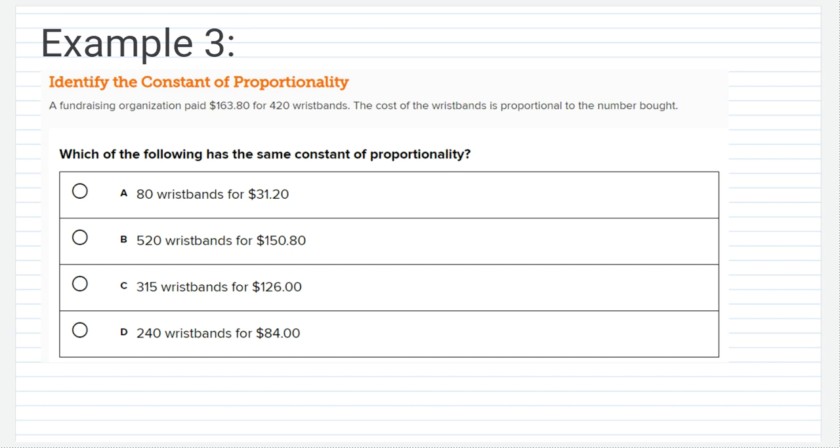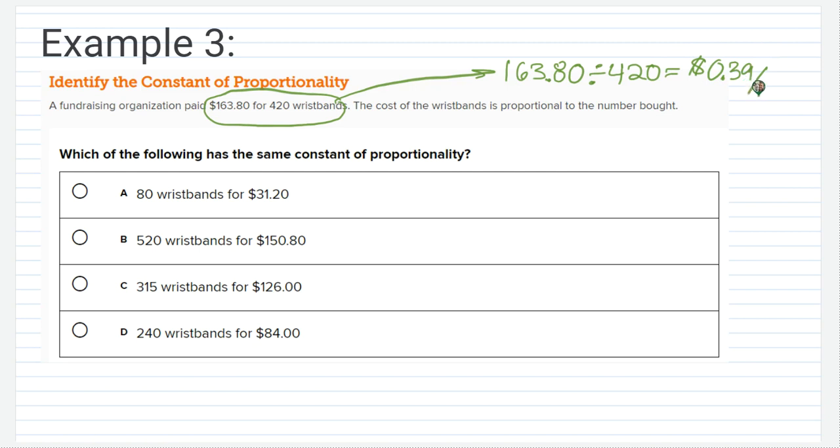So if we take a look at the original ratio, $163.80 for 420 wristbands, we're doing the cost of the wristbands to the number bought, so we're going to be doing $163.80 divided by 420. If we quickly type that into our calculator, that is equal to 39 cents per wristband. I'm just going to put per band.